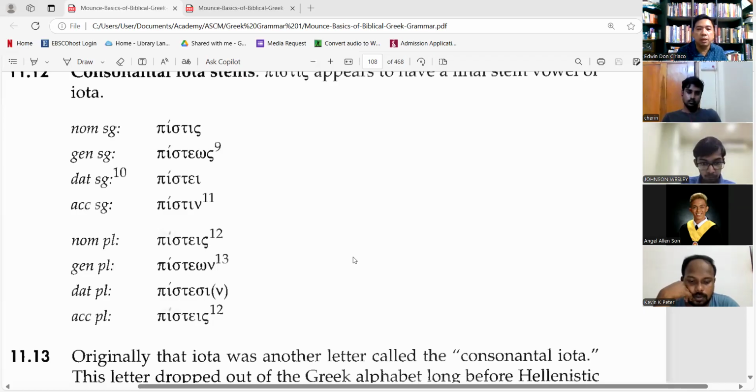So again, pisteos is genitive singular, pisteon is genitive plural. Just to be mindful, because during my time, this was one of my frequent errors. I just knew it was genitive, but I could not distinguish whether it was in the singular form or the plural form.